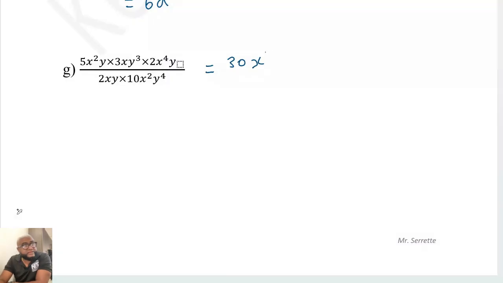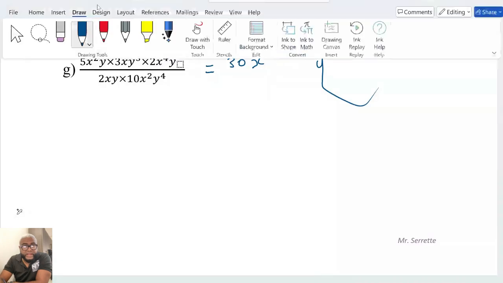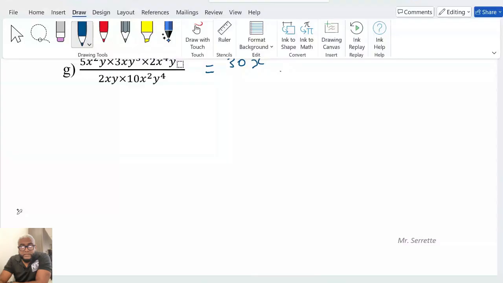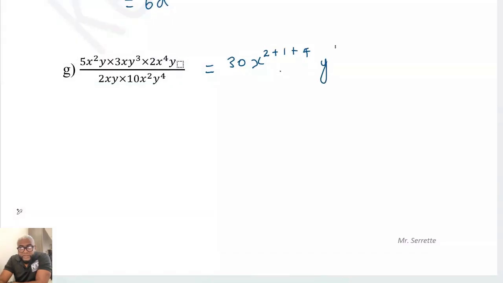What powers of x's are we adding? 2 plus 1 plus, excellent. Powers of y. What are the powers of y? Right, so there'll be y to the 1 plus 3 plus 1. Excellent. Over, right, 2 multiplied by 10.